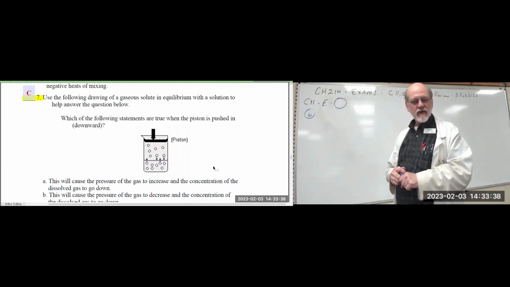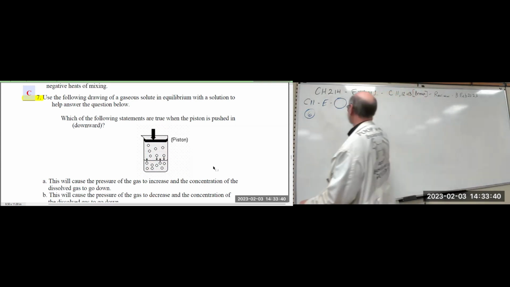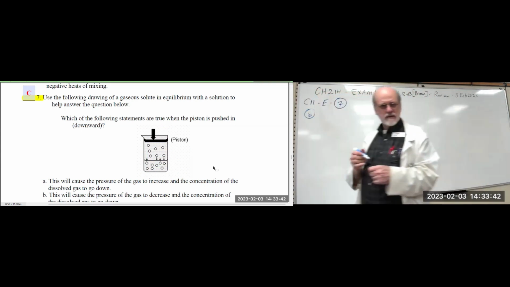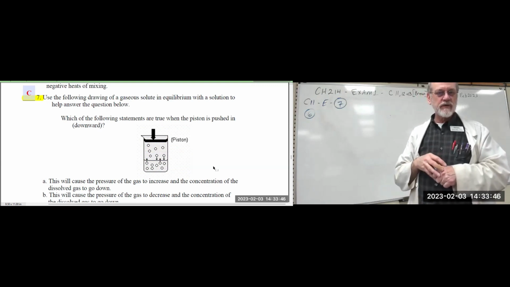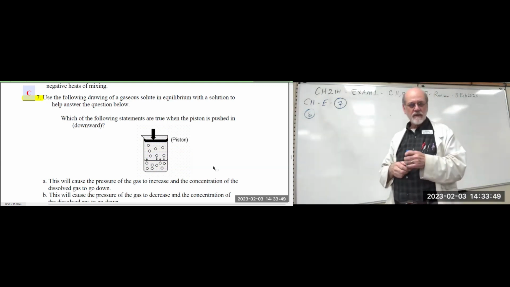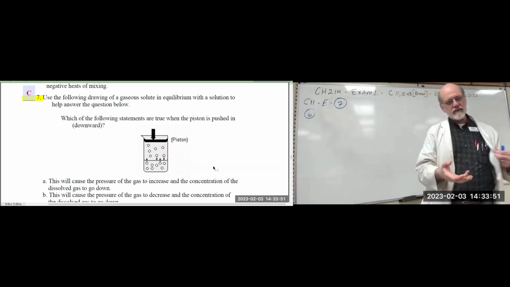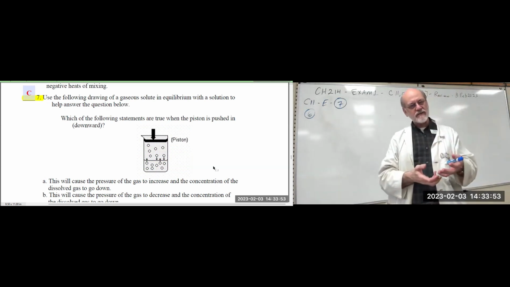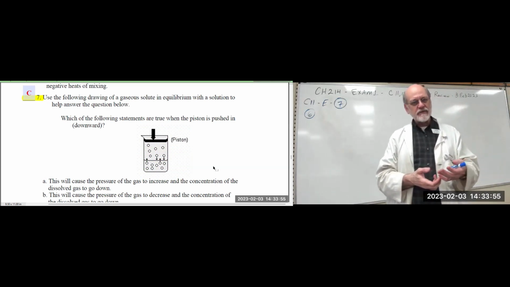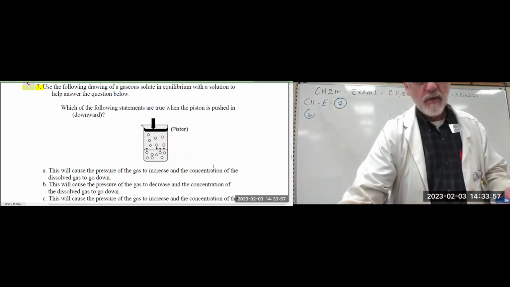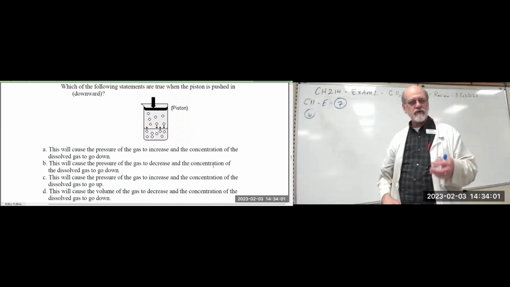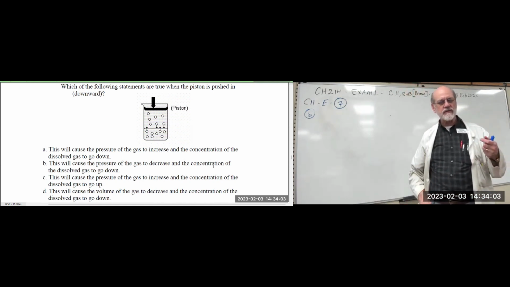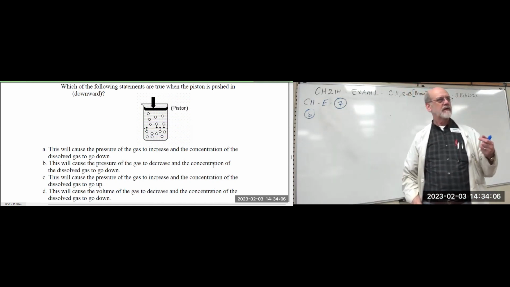Use the following diagram of a gaseous solute in equilibrium with a solution to help answer the questions. So if you've got a solvent and your solute is a gas, what happens when you push the piston down? This will cause the pressure of the gas to increase and the concentration of the dissolved gas to go down.